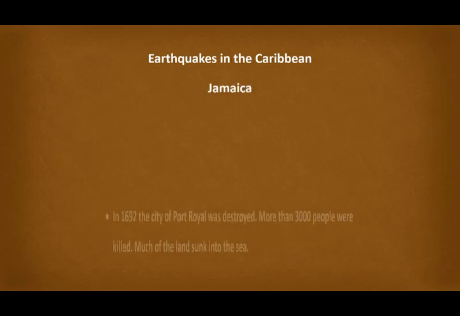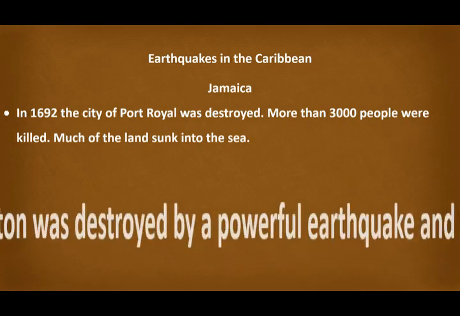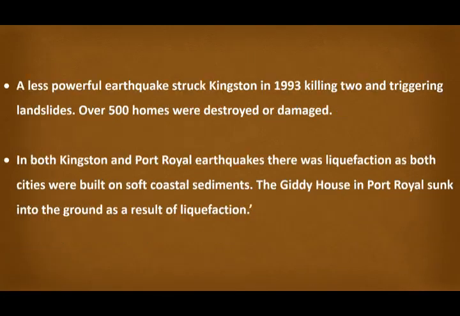Some notable earthquakes in the Caribbean, can't forget about them though. 1692 earthquake in Port Royal, more than 3,000 people were killed. We also had a 1907 earthquake in Kingston, Jamaica. In 1993 we also had an earthquake in Kingston, and of recent we've been having quite a few earthquakes, not very noteworthy but quite memorable just the same.